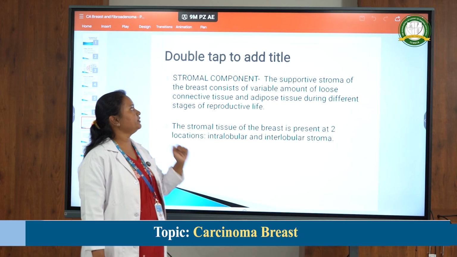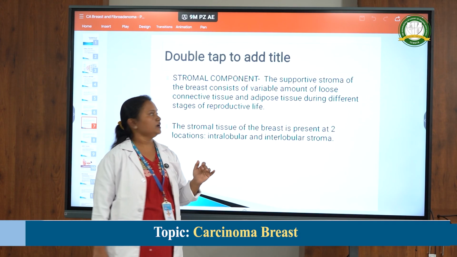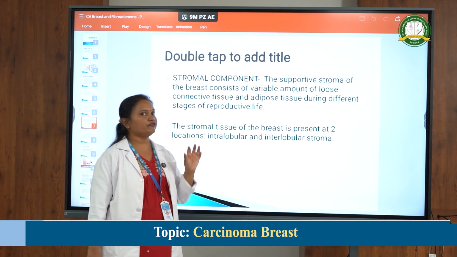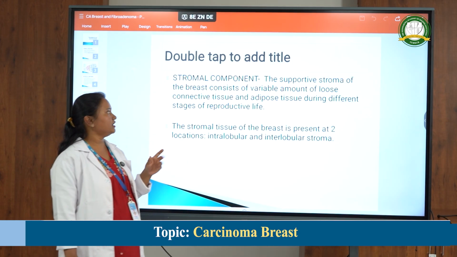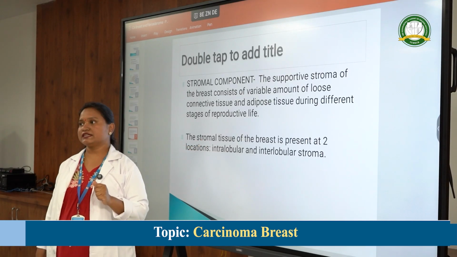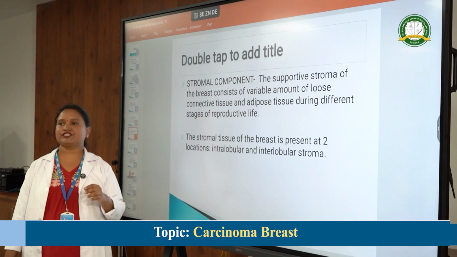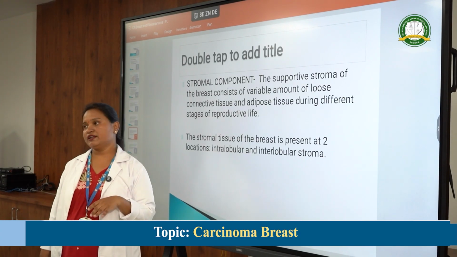And the stromal component. Coming to the stroma, the supportive stroma of the breast is a variable amount of loose connective tissue and adipose tissue during different stages of reproductive life. The stromal tissue of the breast is present in two locations, interlobular and intralobular stroma.